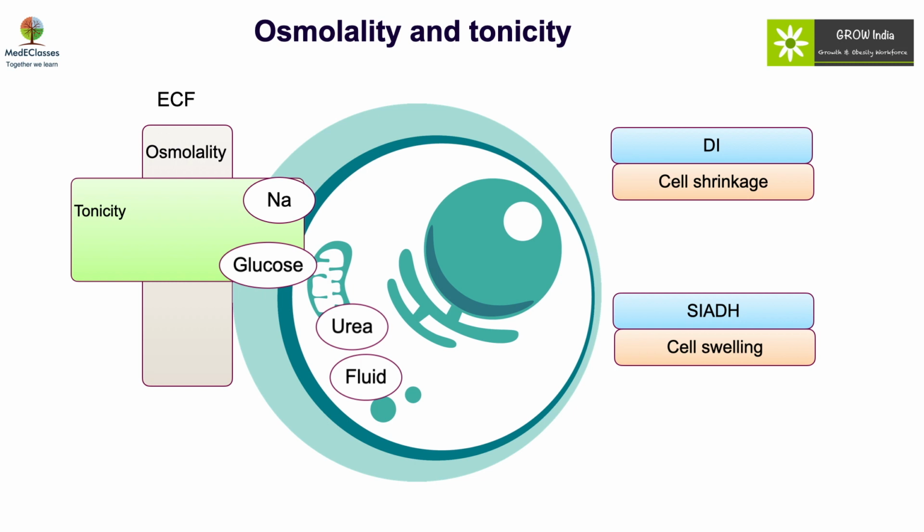Now, to avoid these complications, there are adaptive mechanisms in which the neuronal cells play an important role, particularly the development of idiogenic osmoles, and they essentially are able to maintain homeostasis.